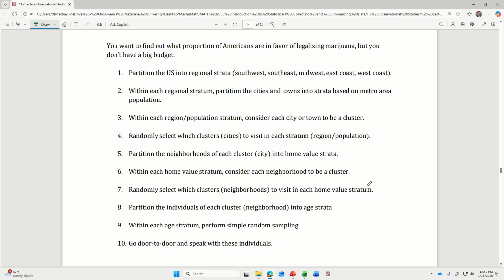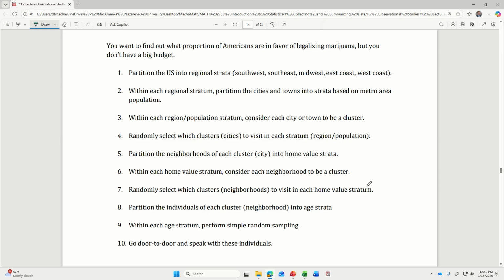You want to find out what proportion of Americans are in favor of legalizing marijuana, but we want to keep the budget as low as possible. First, let's partition the U.S. into regional strata. So we've got the Southwest, the Southeast, the Midwest, the East Coast, the West Coast. And these are strata because we expect them to have different opinions about this topic.